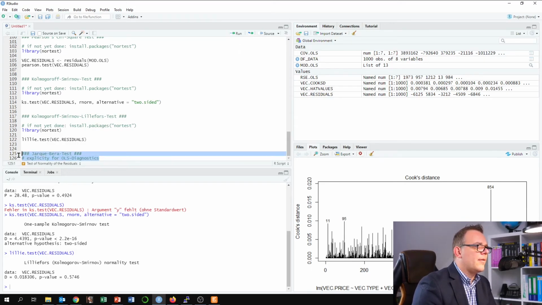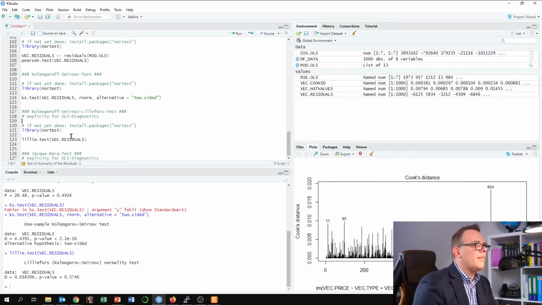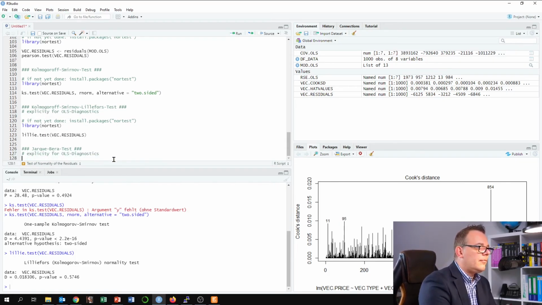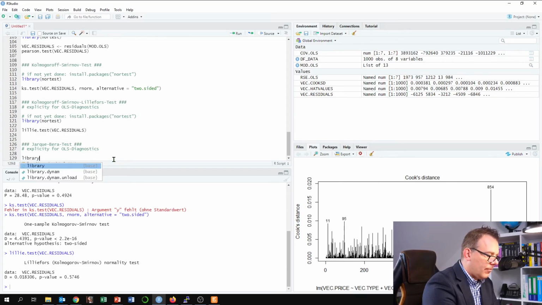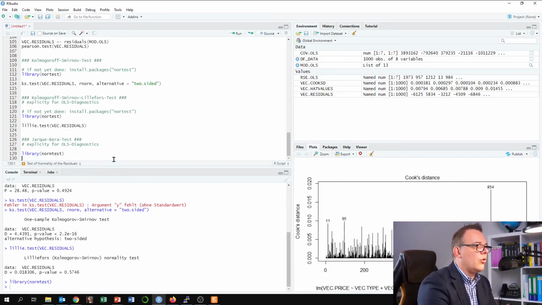And I copy this to the Lilliefors because that's true for that one too. We need a different package here, unfortunately, and that's normtest.